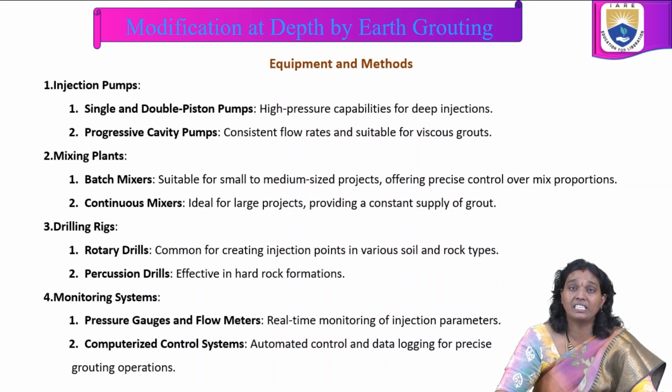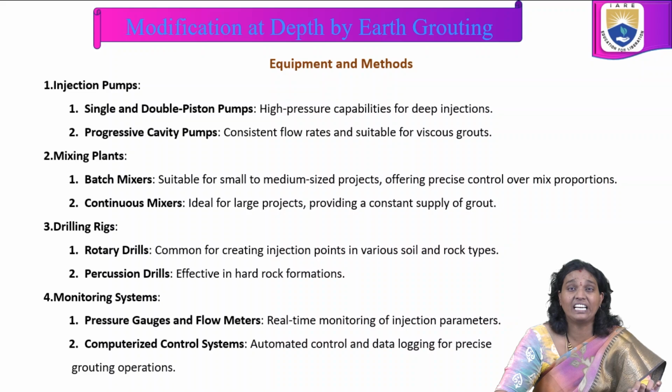The next one is mixing plants: batch mixers and continuous mixers. Batch mixers are suitable for small to medium size projects, offering precise control over mix proportions. Continuous mixers are ideal for large projects, providing a constant supply of grout.